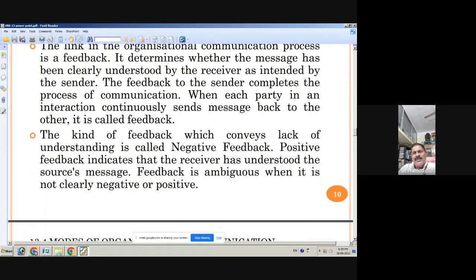And if the receiver responds in the negative, then we will say that the source of the message is not properly understood by the receiver. So feedback is sometimes ambiguous when it is negative or positive.